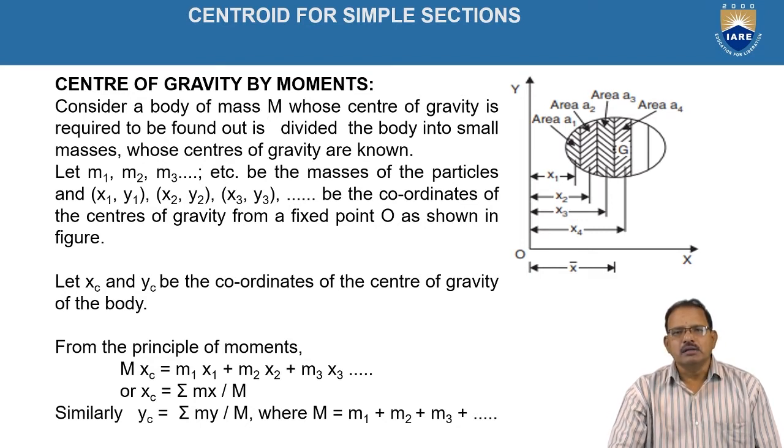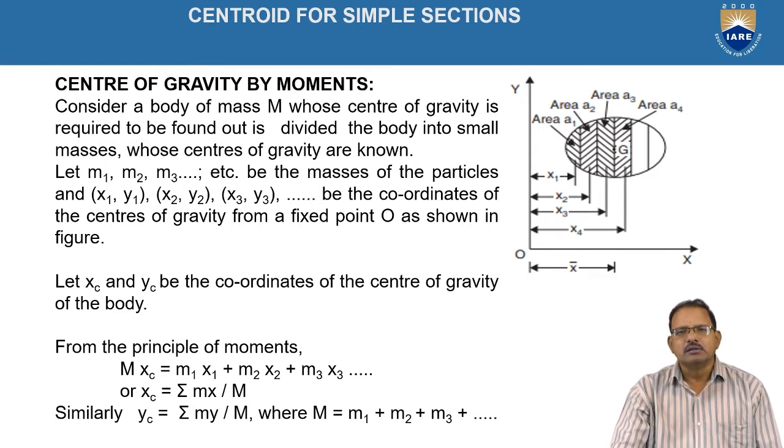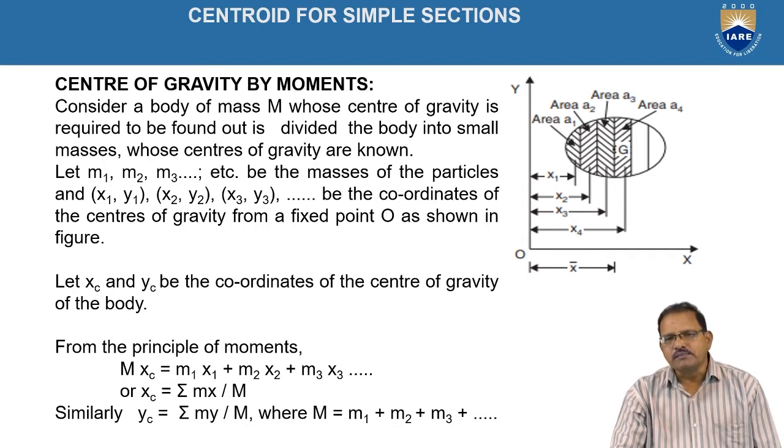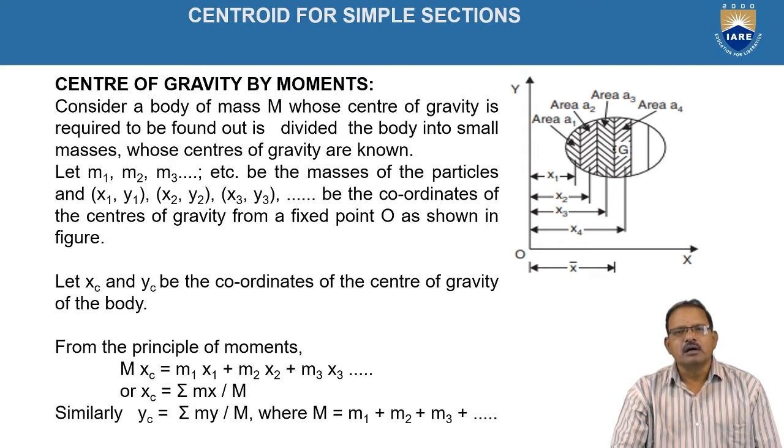Here consider a body which is represented with its position with respect to the xy plane. Assume the body is divided into several elementary points, each represented as M1, M2, M3, M4 and so on, such that the total mass of the body is given by the sum of all the elements, that is M1, M2, M3 and so on.